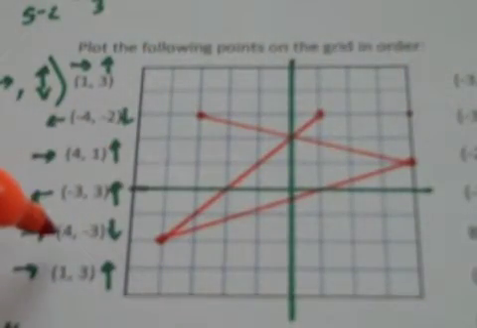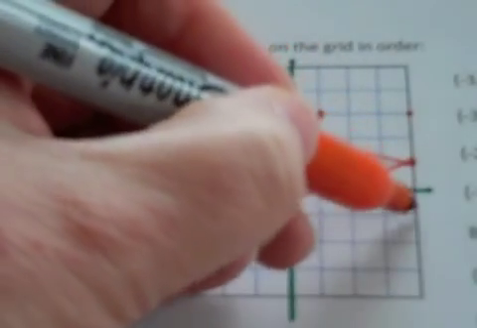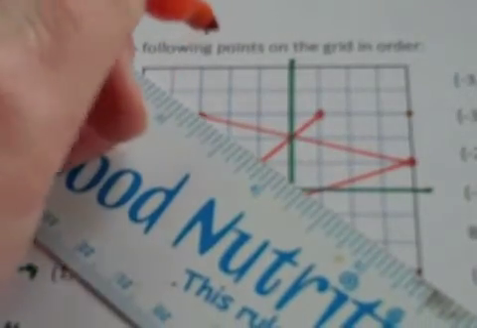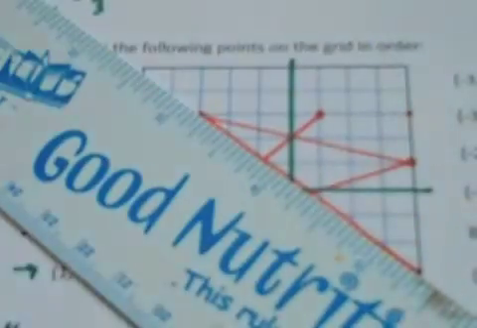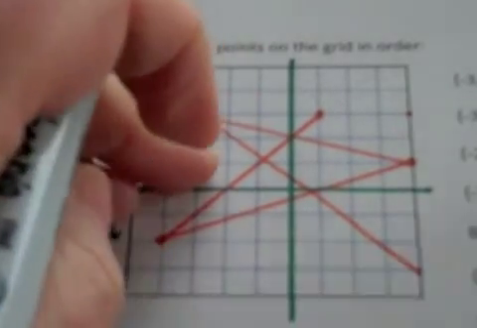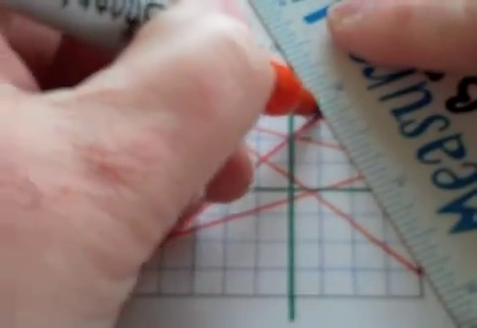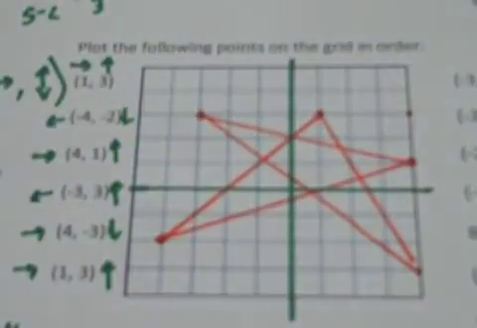Oh, no, 4, -3, sorry, over 4, down 3. And 1, 3, we're going back to our original point, and it looks like we have made a star.